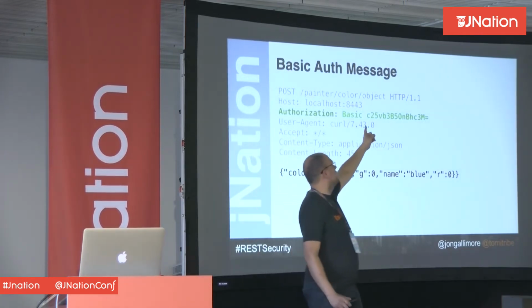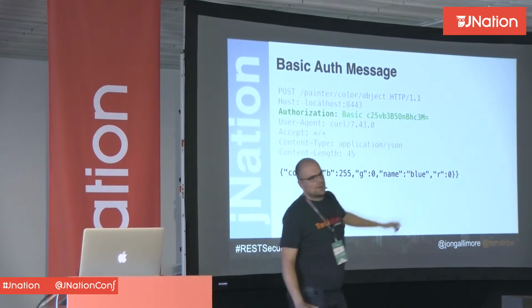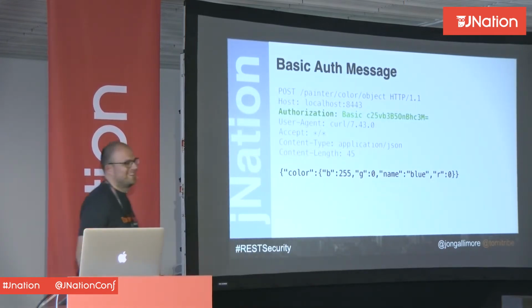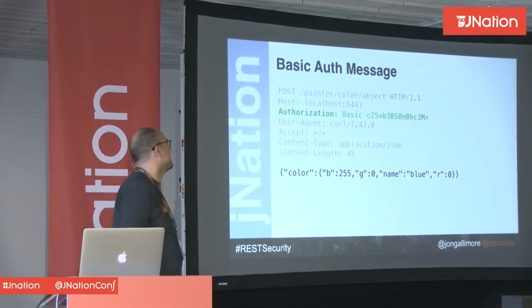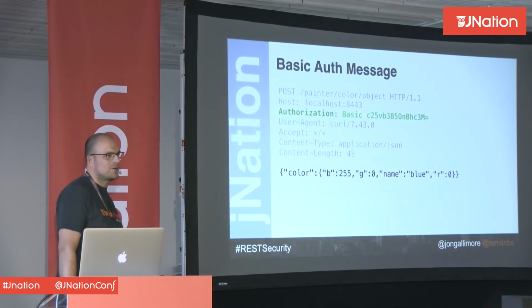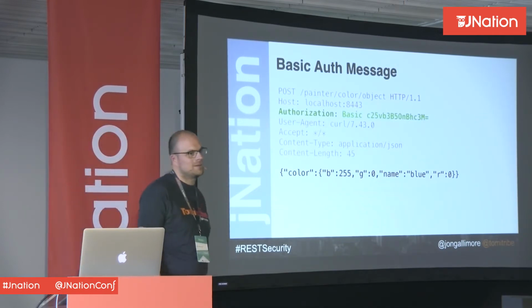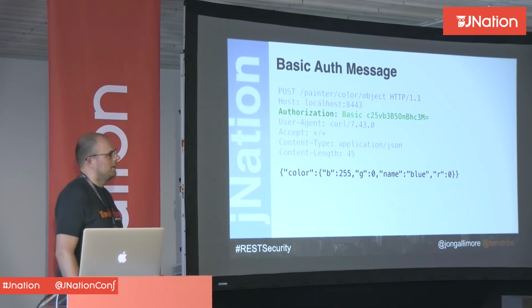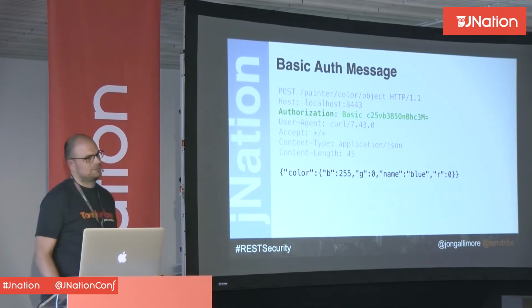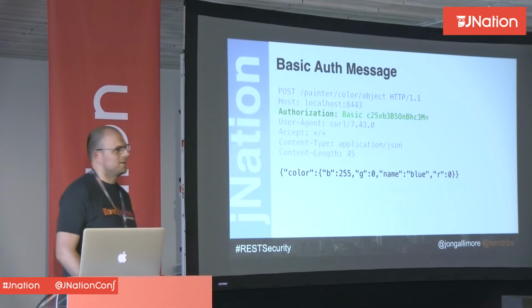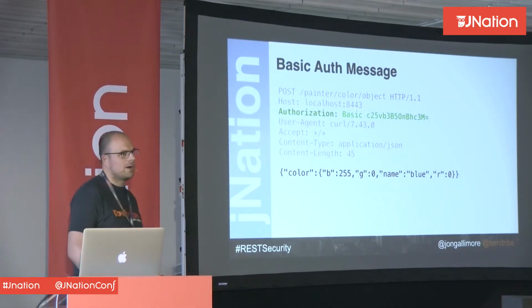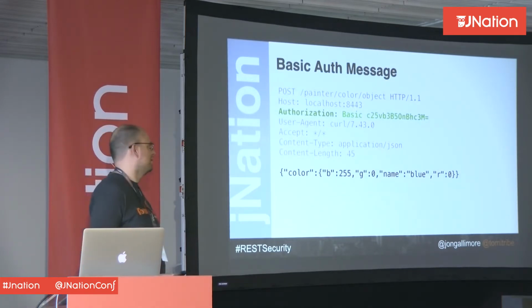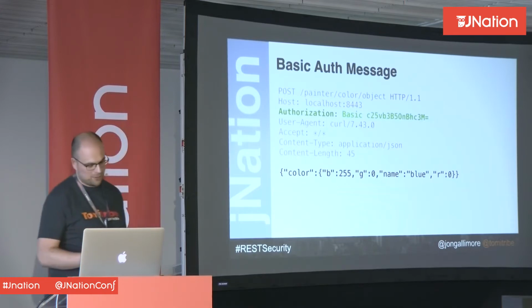And then this thing here, this is super secure. I'm just kidding. It's the username and password appended with a colon in the middle and base64 encoded. So it's worked for dozens of years, but if you pick this up on the wire, it's pretty easy to decrypt it and figure out what the credentials are.